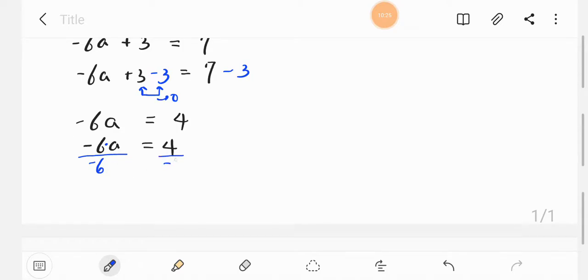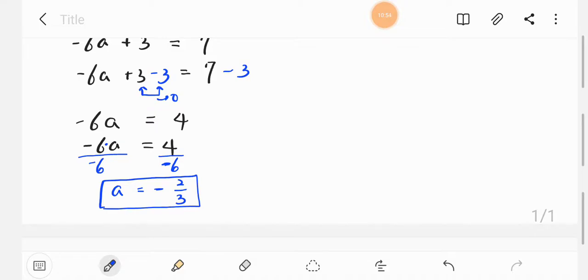So we divide each side, and cross negative 6 out. So what we have is a equal to negative, and then reduce numerator and denominator. This negative sign goes to the front, and then 2 over 3. So negative 2 over 3 is the solution of this equation.